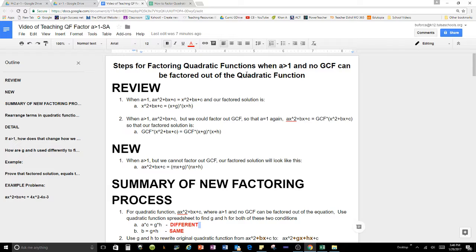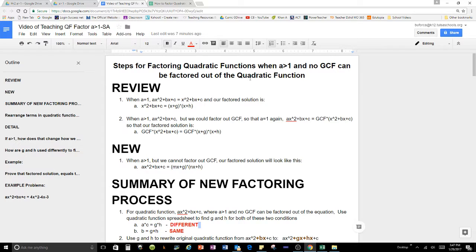This is the most general condition where we can't factor out anything, and the a is going to actually be greater than 1. So there's a method for factoring the quadratic function when a is greater than 1, and that's what we'll do.